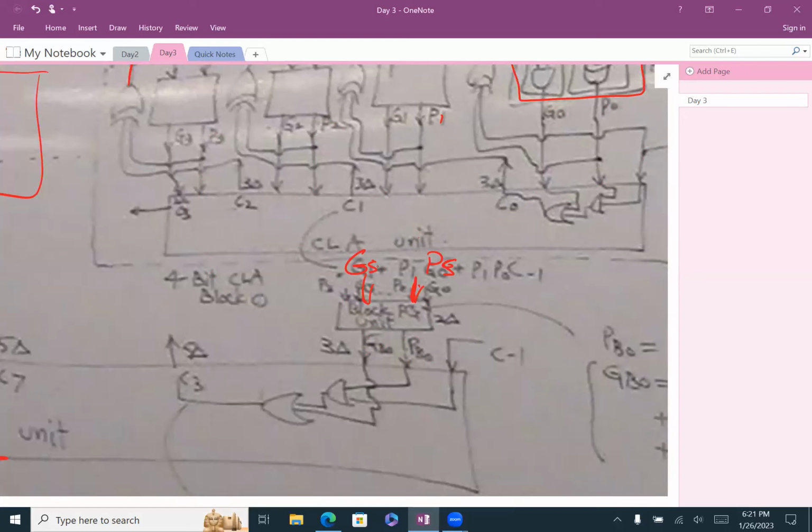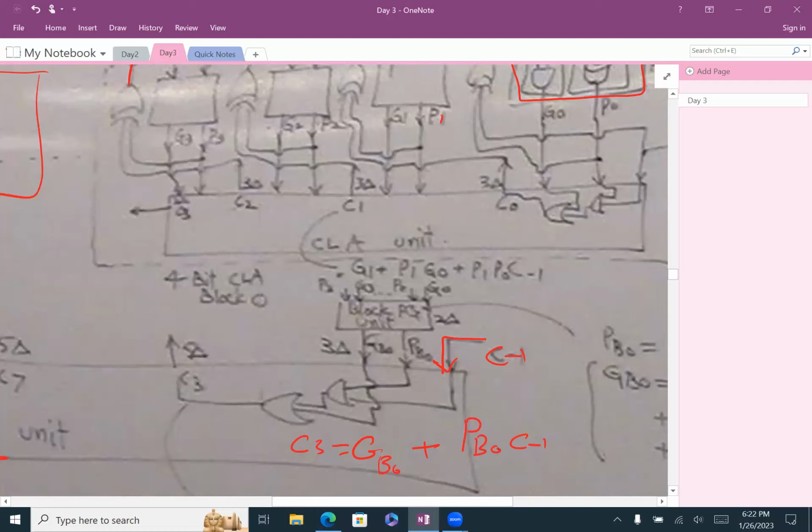So now, can you tell me what is the equation for the C3? When will we have carry 3 generated at block 0, right? Or coming from outside. That's why we will have C minus 1. So it's coming from C minus 1 and propagating through block 0.